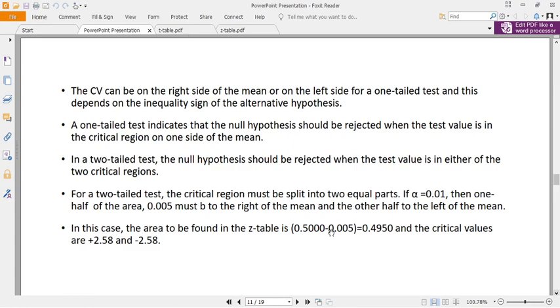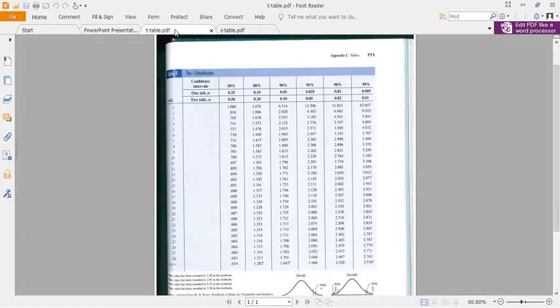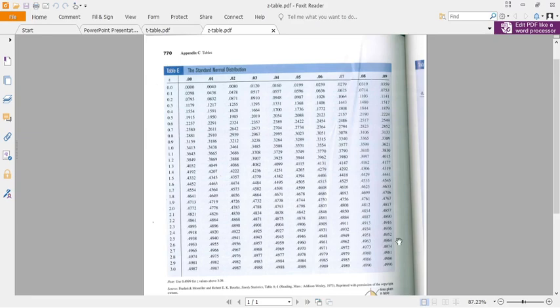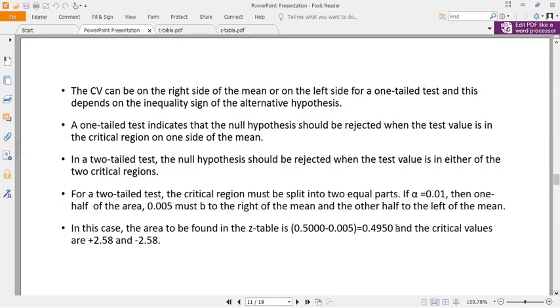Now we can use the T table, or even the Z table. So sorry, take it back.